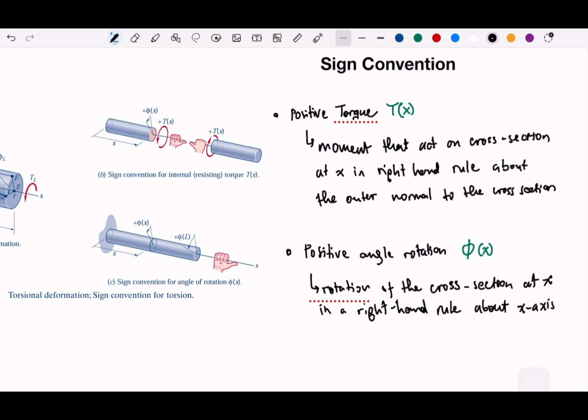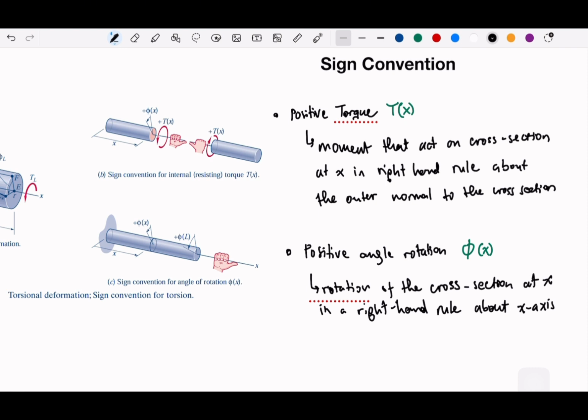So by default, we can start from taking this right hand. Actually, you can try the opposite conventions. If you're consistent, you will have the same conclusion. But to help analyze, I think the difficulty in torsion is imagining how it moves.